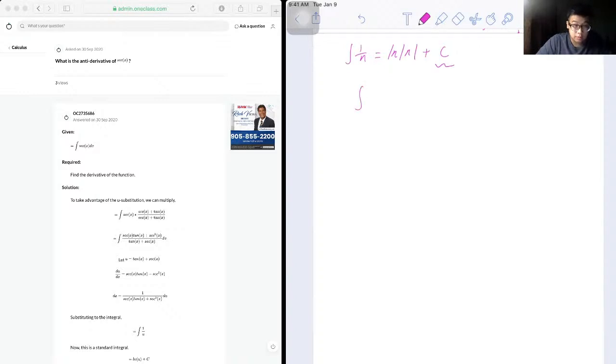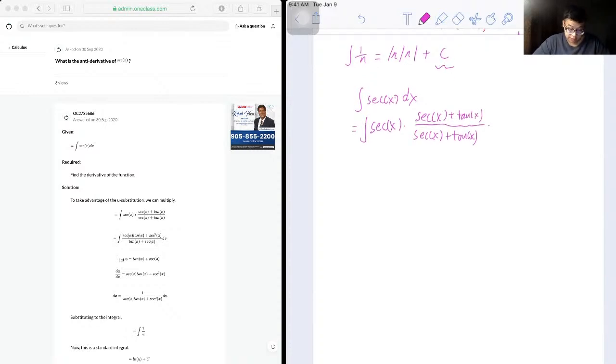The integral of secant x dx. Since we want to apply the substitution rule, we need to multiply by a function that is secant x plus tangent x over secant x plus tangent x.